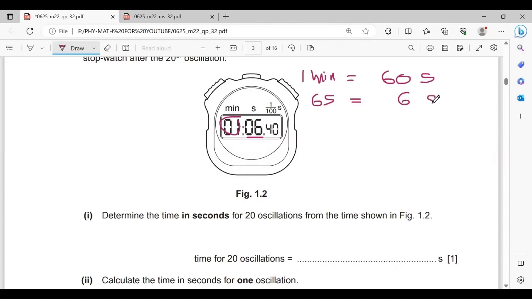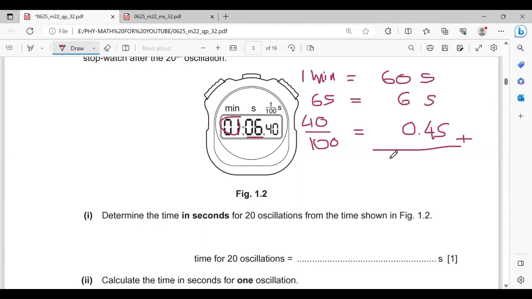And then this one, 0.40, equal to 1 over 100 seconds, so it means 40 over 100 equals 0.4 seconds.